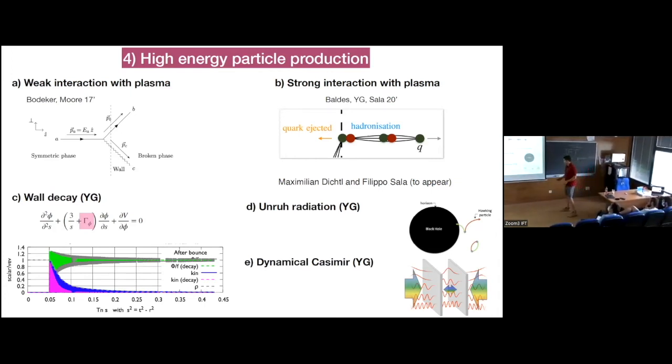These are similar to dynamical Casimir in condensed matter. But I expect those are highly non-trivial and need more work.